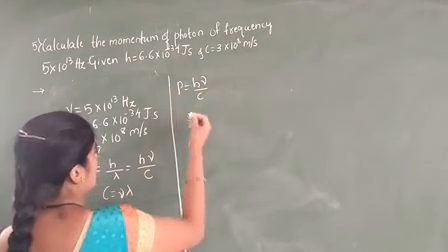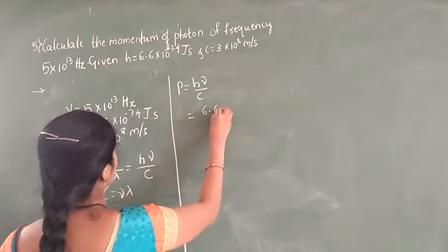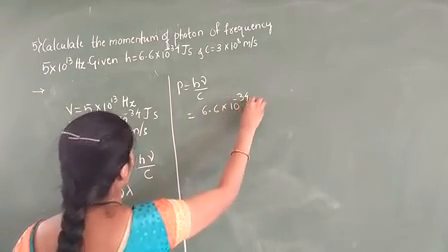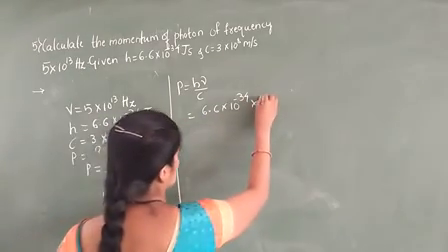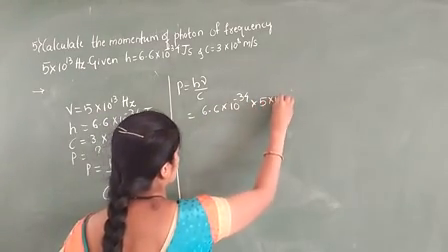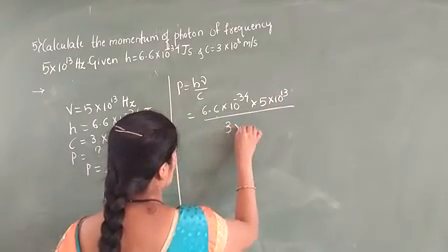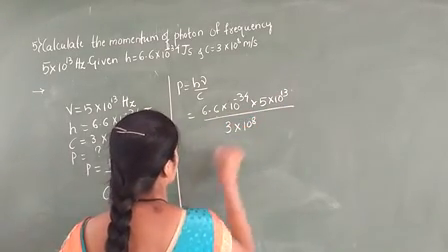Now put all the values. h is 6.6 into 10 raised to minus 34, v means 5 into 10 raised to 13 Hertz, divided by c, 3 into 10 raised to 8.